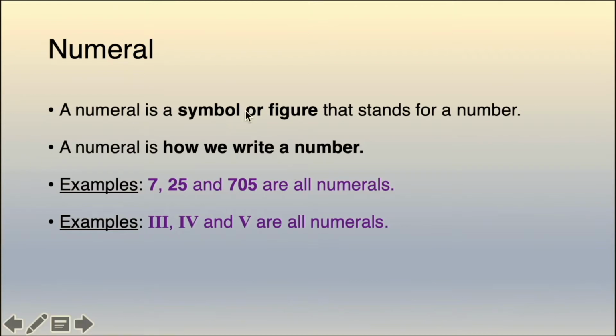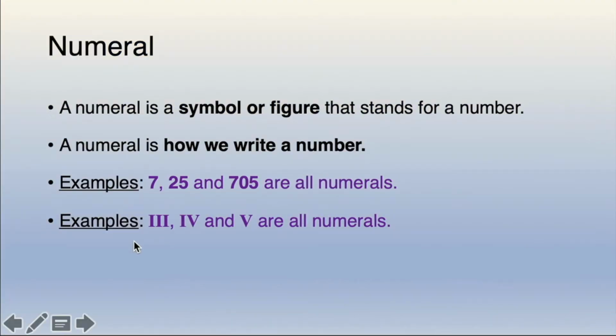So, we show that number with the help of this numeral 7. So, a numeral is how we write a number. Examples are 725 and 705. These all are numerals. And these examples, these letter symbols are the Roman numerals.